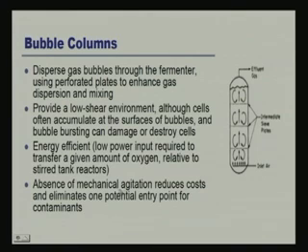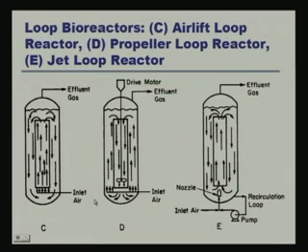Absence of mechanical agitation reduces the cost and eliminates one potential entry point for contaminants. So, these are some of the positive and negative points of the bubble column reactor.